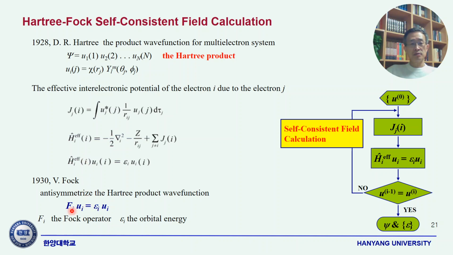The effective one-electron Hamiltonian, we call it the Fock operator: Fi ui equals epsilon i ui. So this is the orbital energy, this is the Fock operator Fi, and ui is the orbital. This is the general way we carry out a Hartree-Fock calculation.